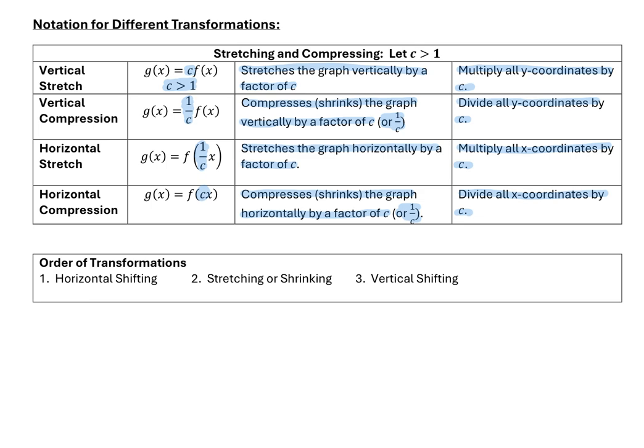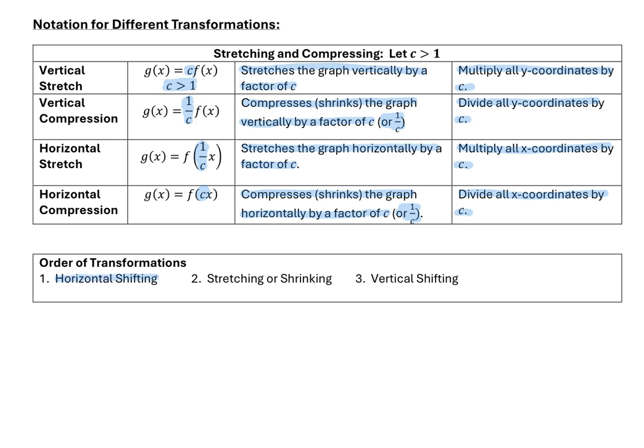Now, just like when we talk order of operations, there is a certain order that we have to do things. And so when we start combining these things, we do need to be careful. And so our order of transformations, under normal circumstances, we are going to do horizontal shifting.